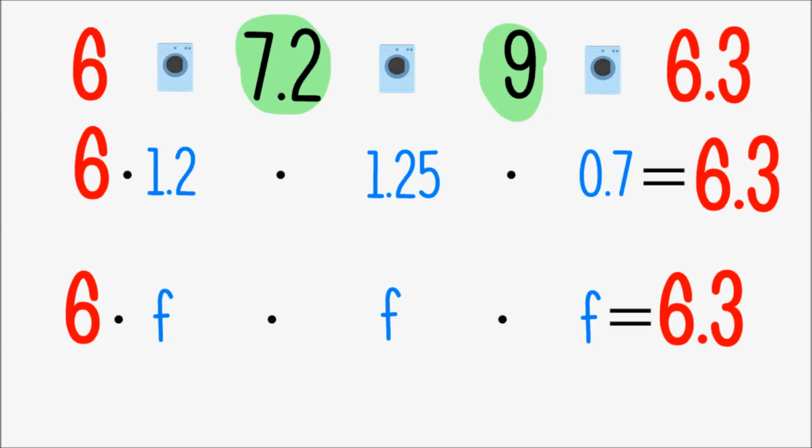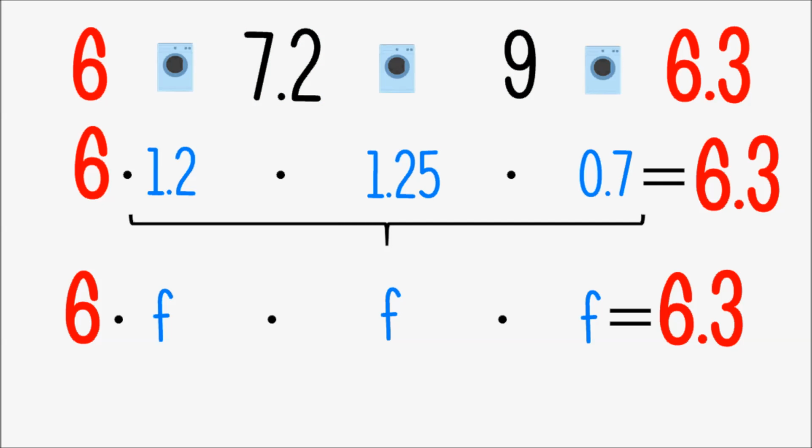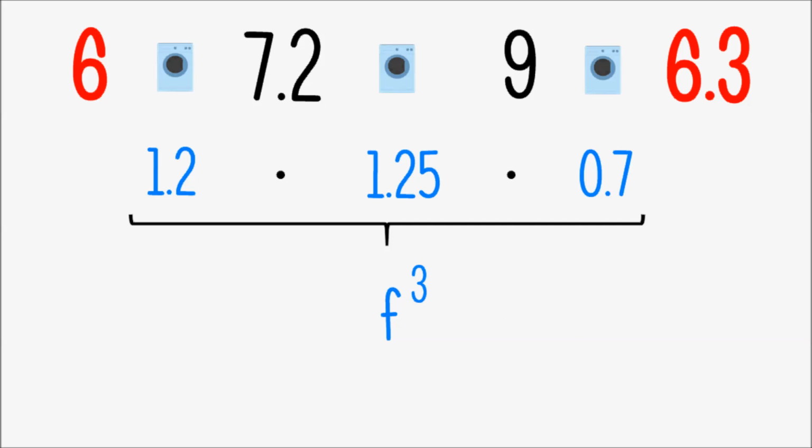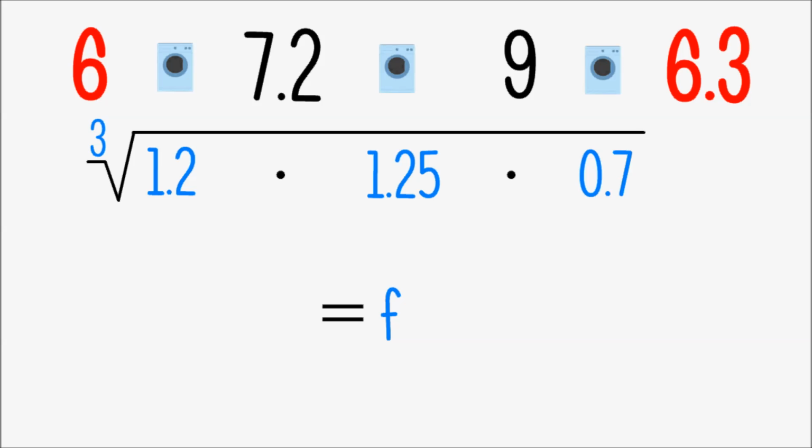Therefore, 1.2 times 1.25 times 0.7 must equal f times f times f. Now that equation is easy to solve, as f times f times f is f to the power of 3. Therefore, f, the average factor, must be the cube root of the product of the individual stretch factors.